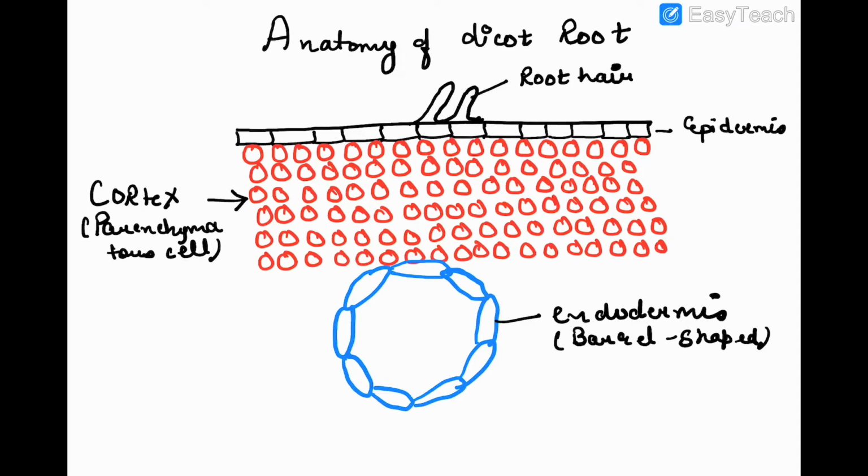Now the wall of endodermis has deposition of suberin. So I am drawing in yellow color the deposition.